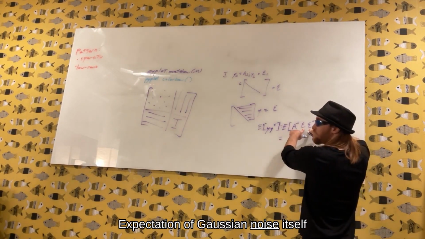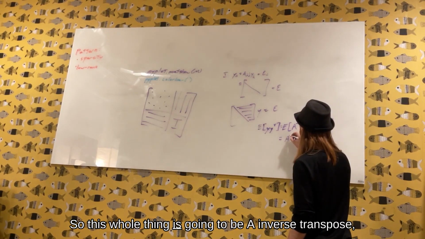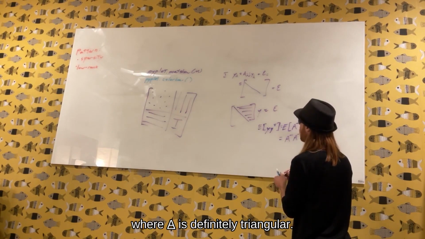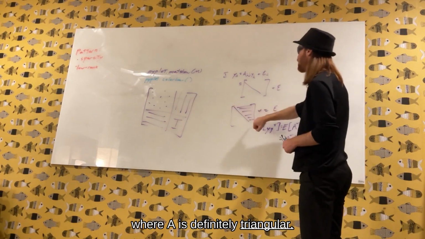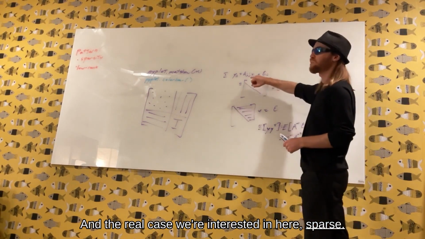The expectation of Gaussian noise itself gives an identity matrix. So this whole thing is going to be A inverse times A inverse transpose, where A is definitely triangular, and in the real case we're interested in here, sparse.